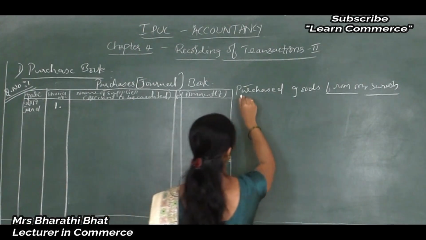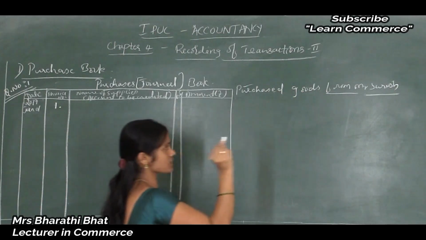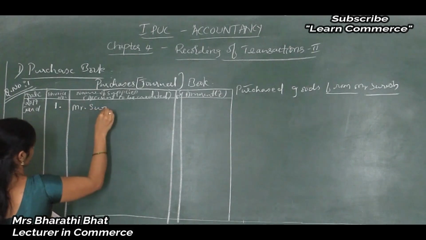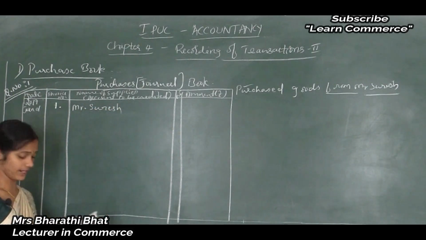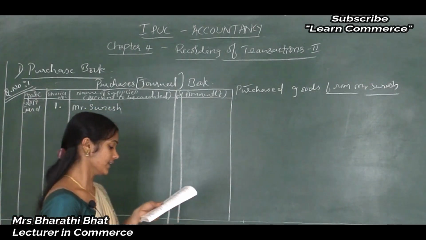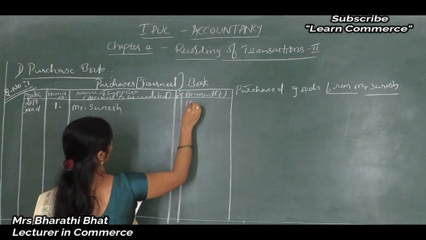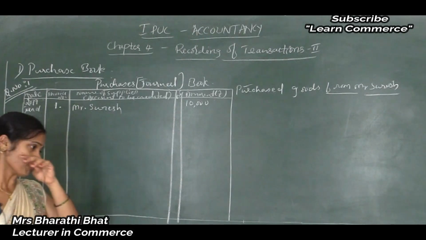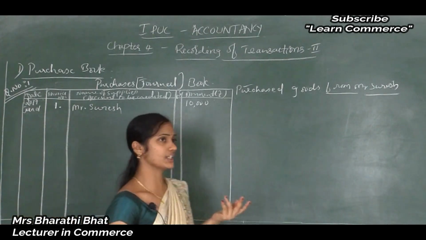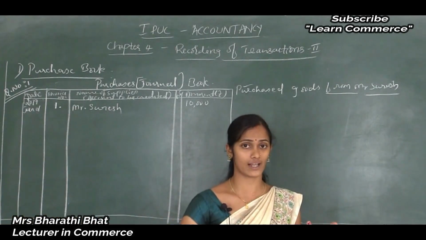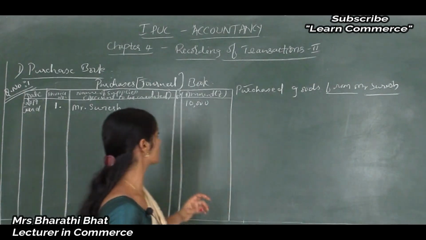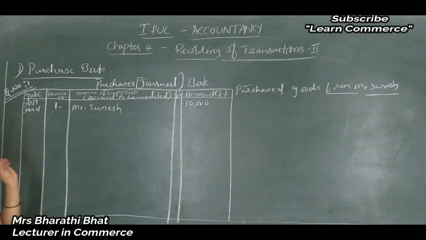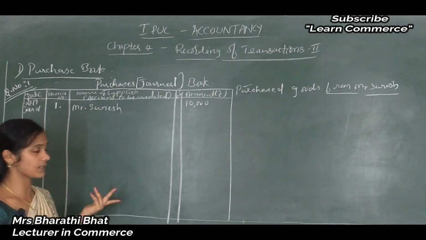Here we need not write the sentence, we just need the person name, Mr. Suresh, and rupees 10,000 directly in the amount column. If any discount or additional charges is given, then we have to calculate, but there is no such issue here. They directly gave purchased goods from Suresh, amount 10,000.